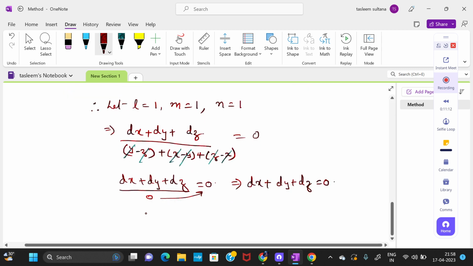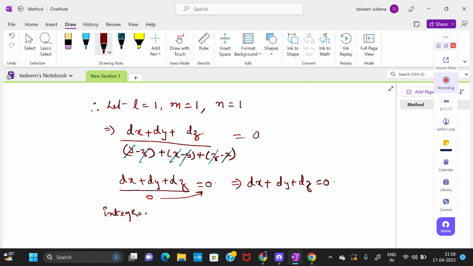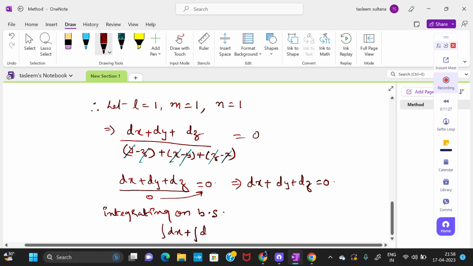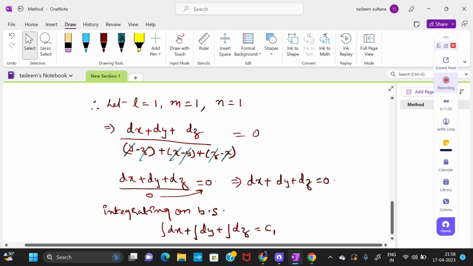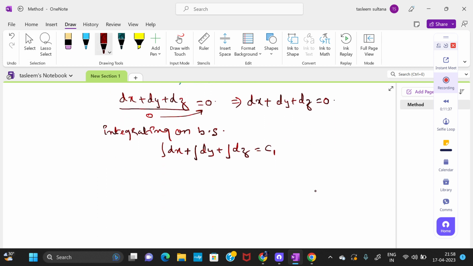Now integrating on both the sides. dx plus dy plus dz is equal to some arbitrary constant c1, that is, x plus y plus z equals c1. The constant of integration: respective to the term only will come.